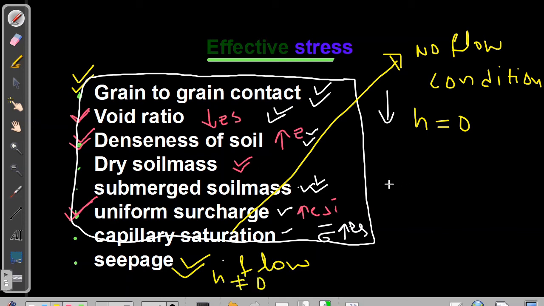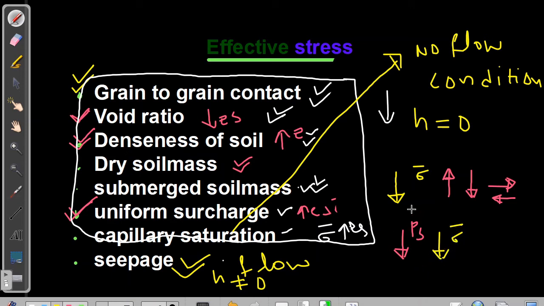Effective stress or vertical stress always acts downwards, but seepage can be upward flow, downward flow, or horizontal flow. I'll take seepage pressure as Ps, and effective stress is represented by sigma bar.